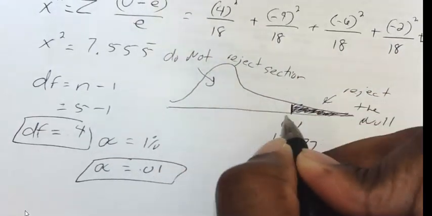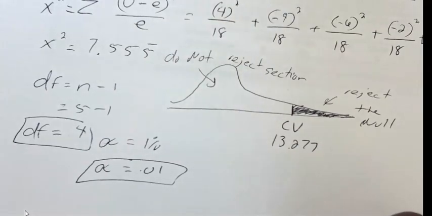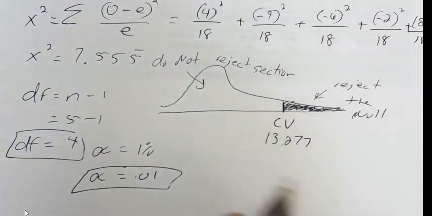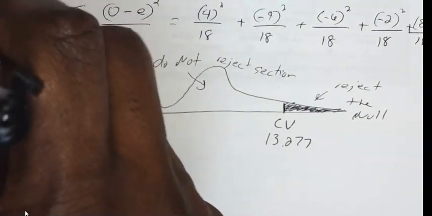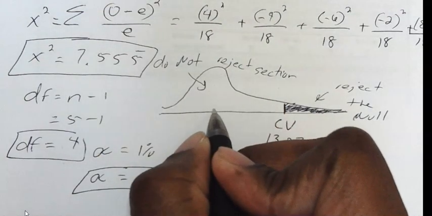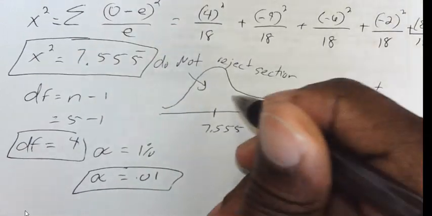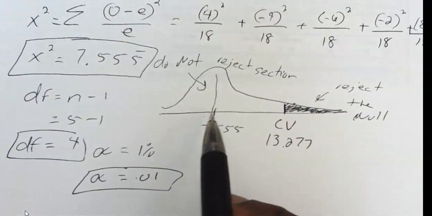Anything that falls below 13.277, we do not reject the null, or we fail to reject the null. In this case, our chi-square value was 7.55. It's probably around here. That value falls in our do not reject the null.